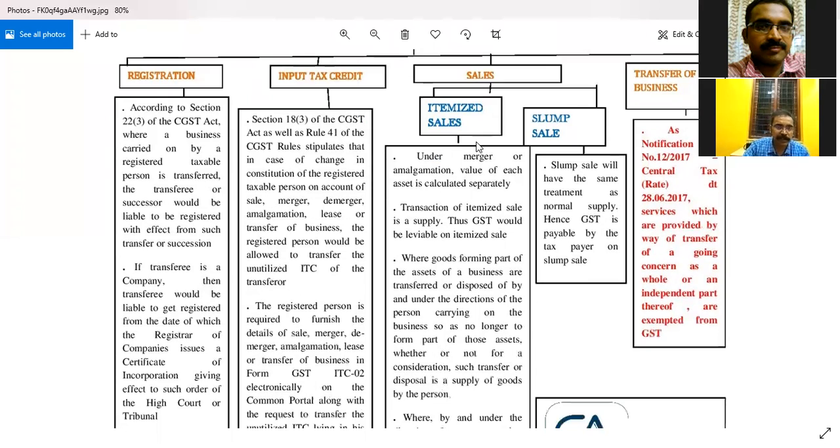In that case, under merger or amalgamation, value of each of the assets will be calculated separately. This itemized sale, itemized assets being sold, will constitute a supply under GST, and GST will be leviable on the itemized sale.